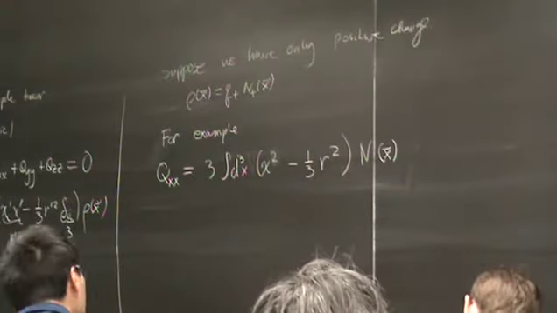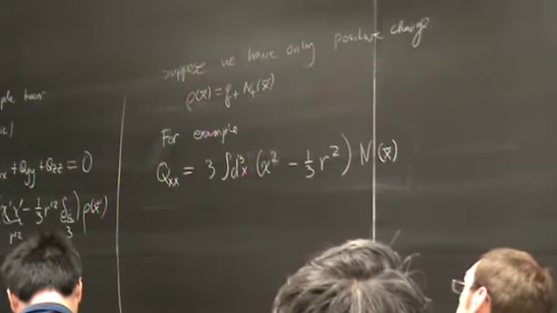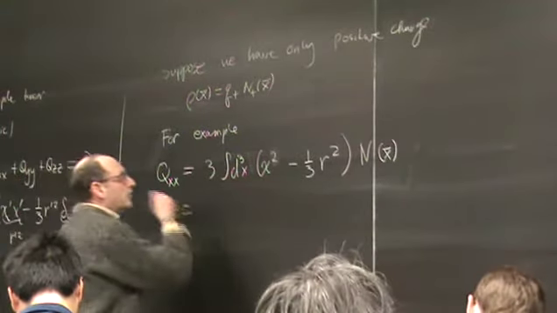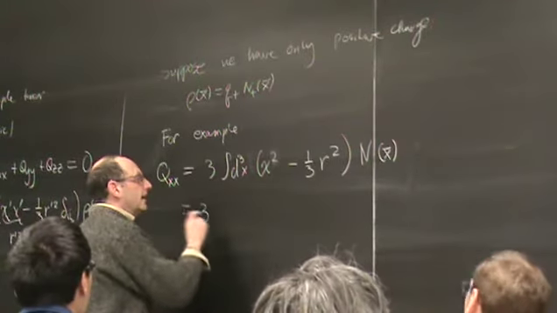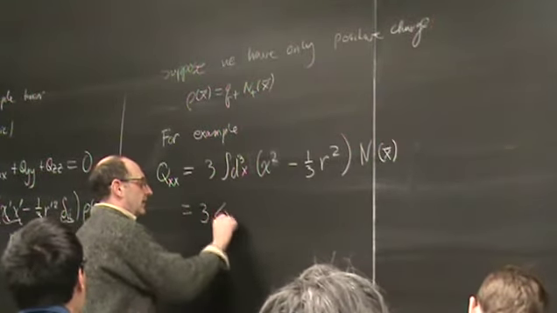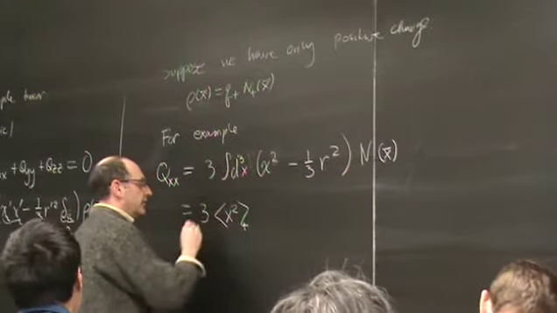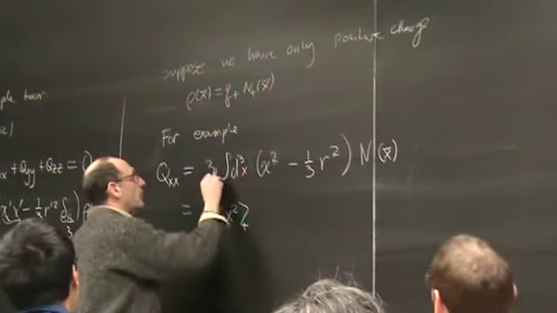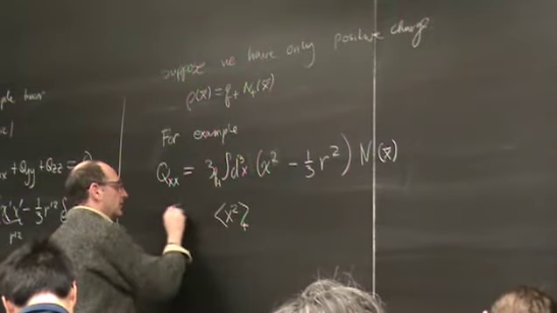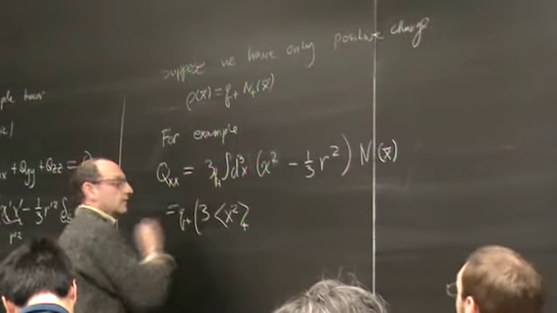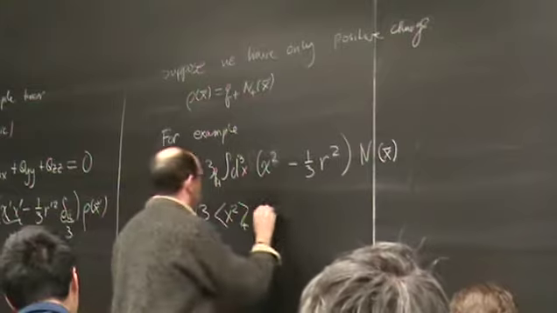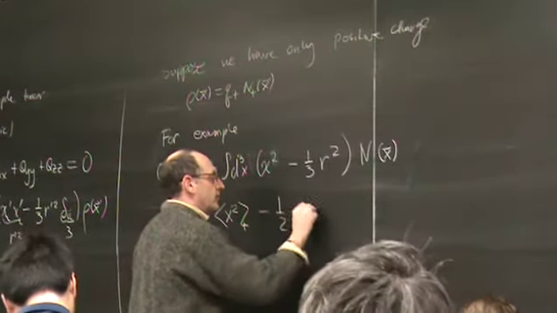And so this is equal to 3 times the average of x squared, average over this distribution. Well, there's the overall charge Q out front. Minus 1/3 the average radius squared.